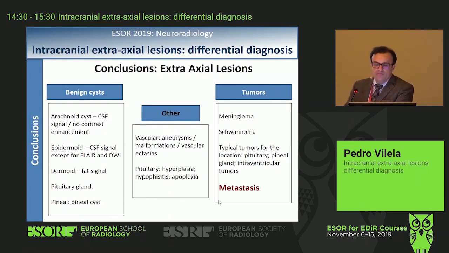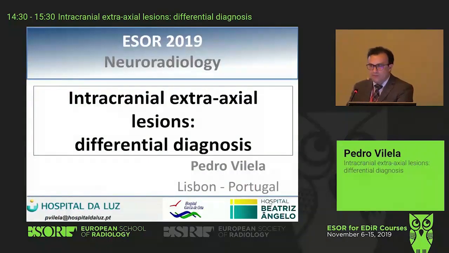And then, obviously, on the topography, if there are vascular structures passing, you need to think about vascular problems, aneurysm, malformation, or other types of ectasias. And in pituitary gland, you have other diseases that actually can increase the size of the pituitary gland, namely the hypophysitis and apoplexia. Okay, thank you very much for your attention.